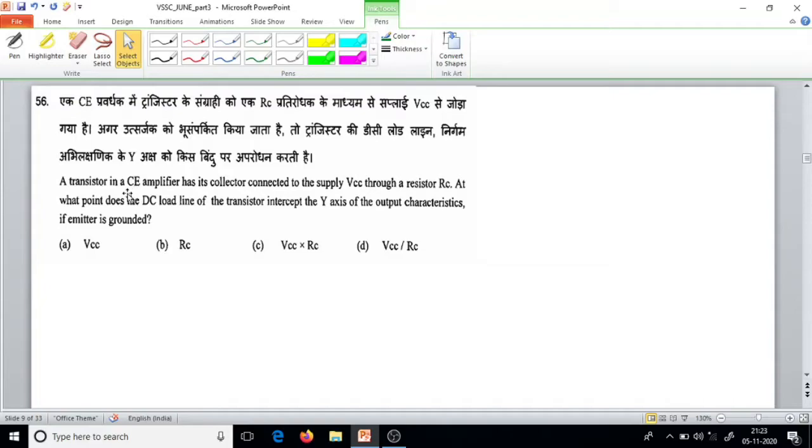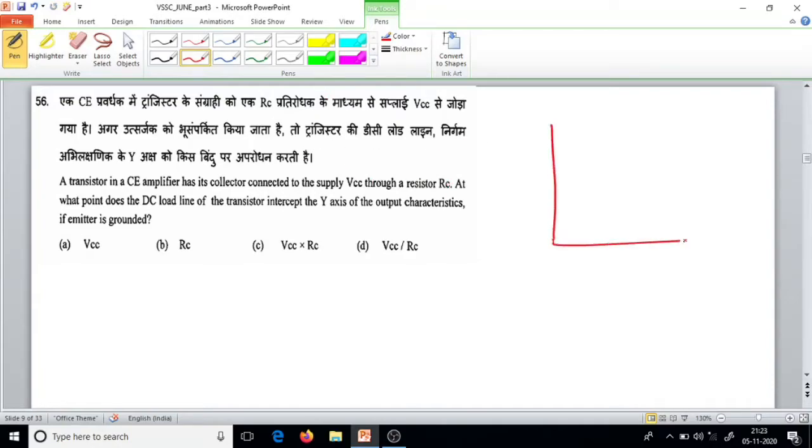Next question. A transistor in a CE amplifier has its collector connected to the supply VCC through a resistor RC. At what point does the DC load line of the transistor intercept the y-axis of the output characteristics if the emitter is grounded?